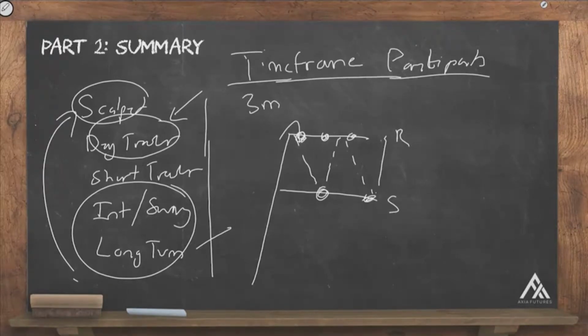Now, in this example, what you would tend to find, in between this range over time, right, you've probably got scalpers, you've got day traders, and you've got short-term traders. Now, where the intermediate and swing traders will step in will be most likely at these points. So where they feel they want to support the market.